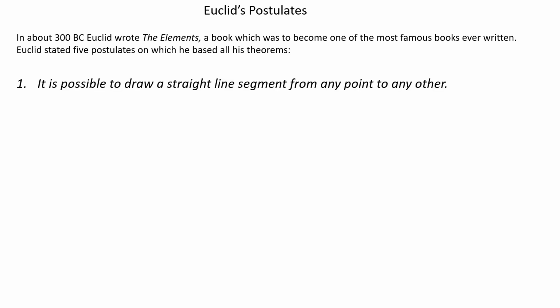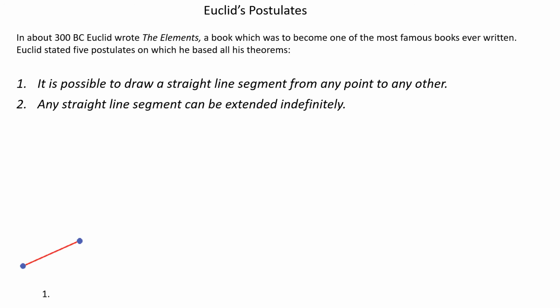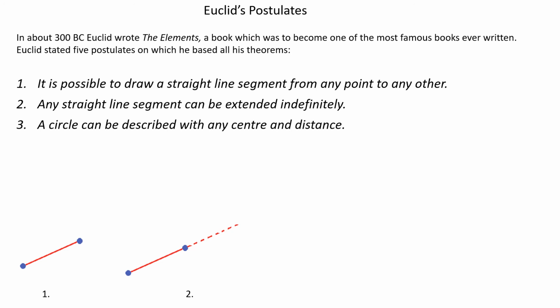So he assumed that the following is possible. He assumed it's possible to draw a straight line segment from any point to any other. He also assumed that any straight line segment can be extended indefinitely in one or the other direction. He also assumed that a circle can be described of any center and any radius.